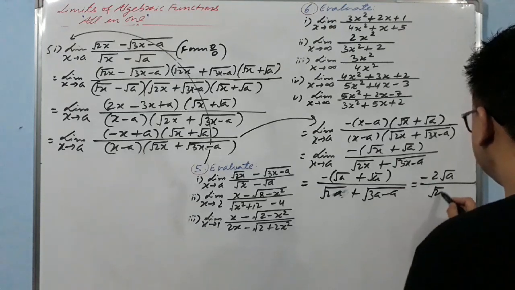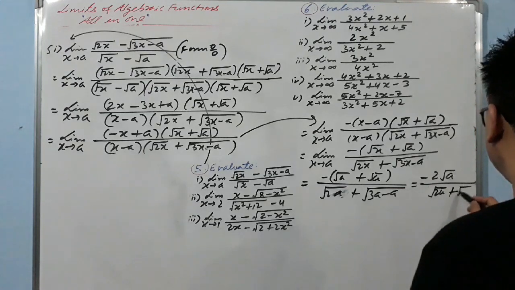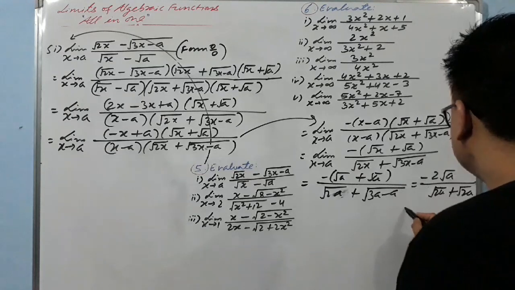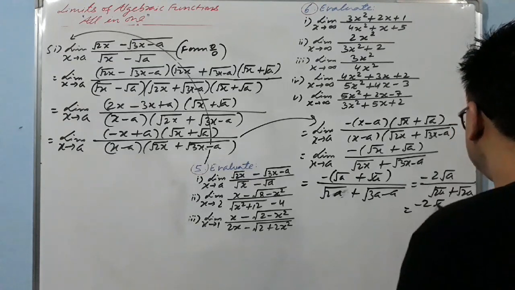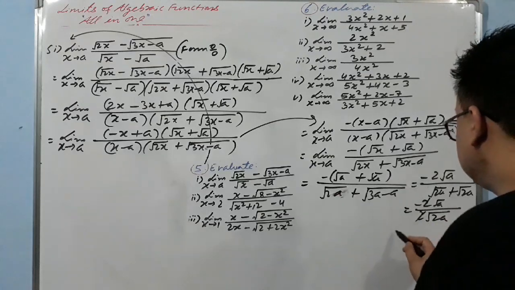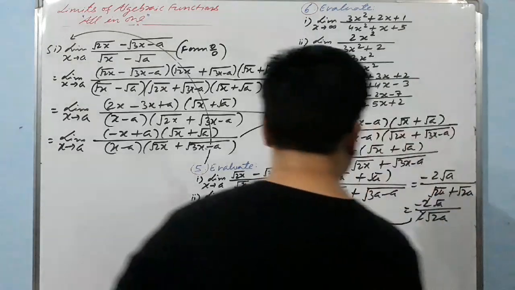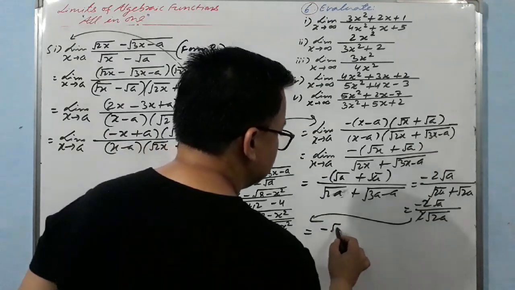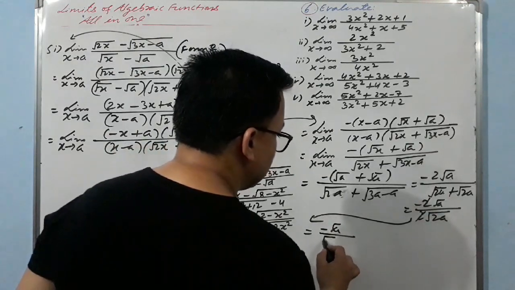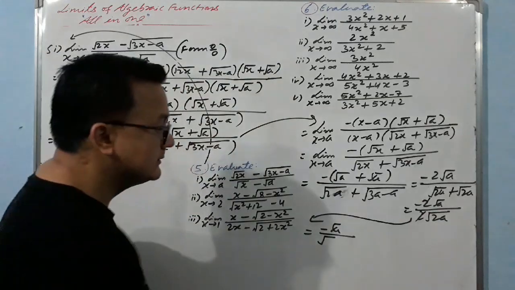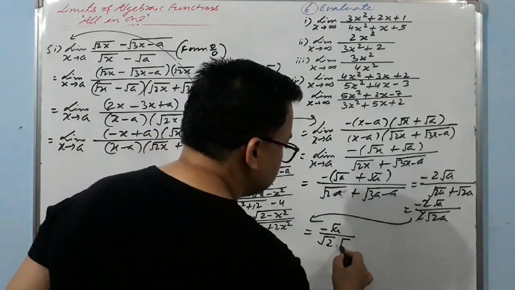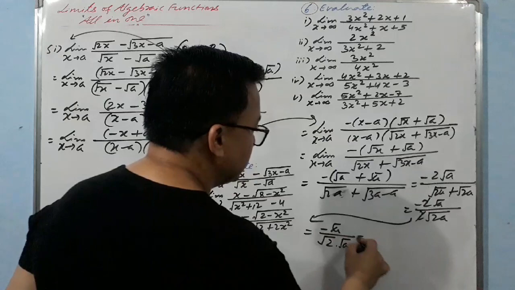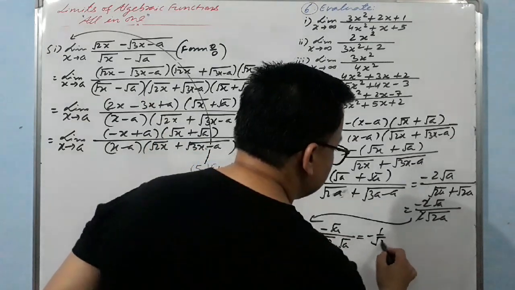Let me write it down so that you will not have any problem understanding. It is equal to minus 2 root a over 2 root 2a, the 2s cancel, and you get minus root a over root 2 into root a. So root a cancels, and you get minus 1 upon root 2.